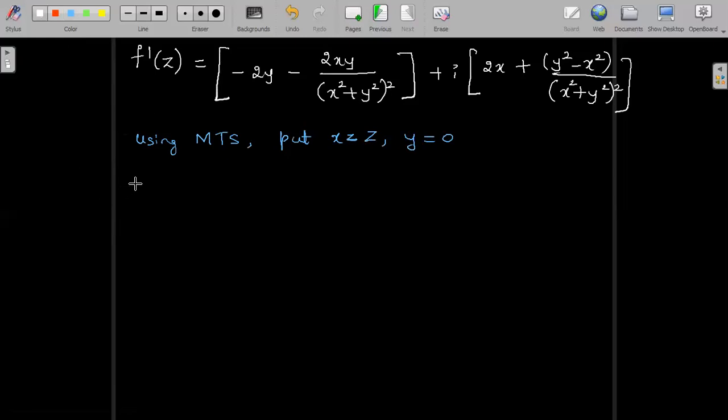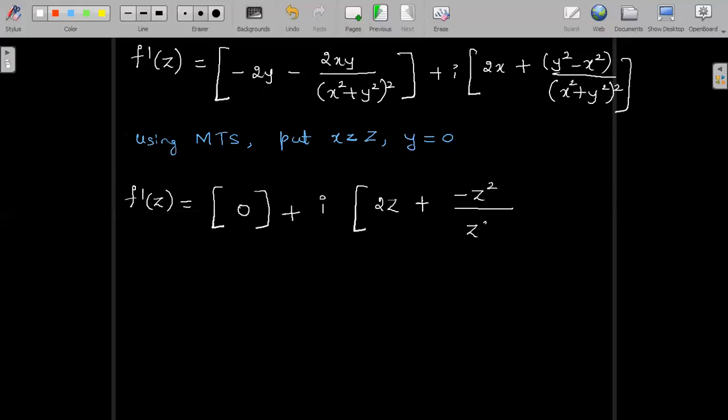So we have f dash of z is equal to, since y is 0, the first term and second term both are 0. So the entire real term is 0 plus i into, the imaginary term will be 2 into z plus 0 minus z square divided by z square the whole square.